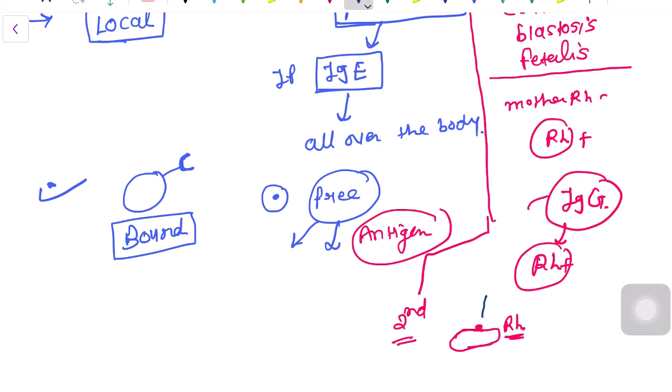Those will cross the placenta and bind with the blood cells of the baby and cause lysis of the RBCs. That is known as erythroblastosis fetalis.